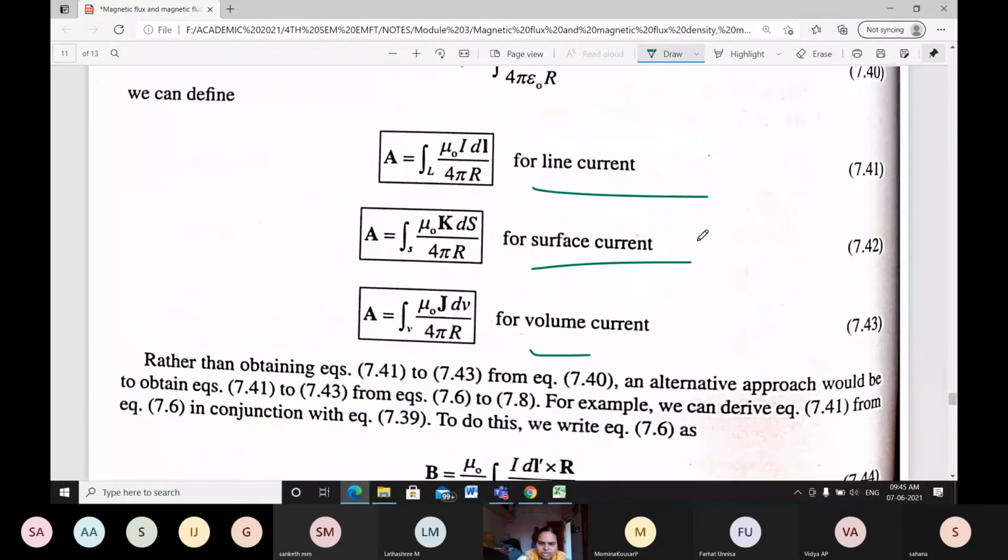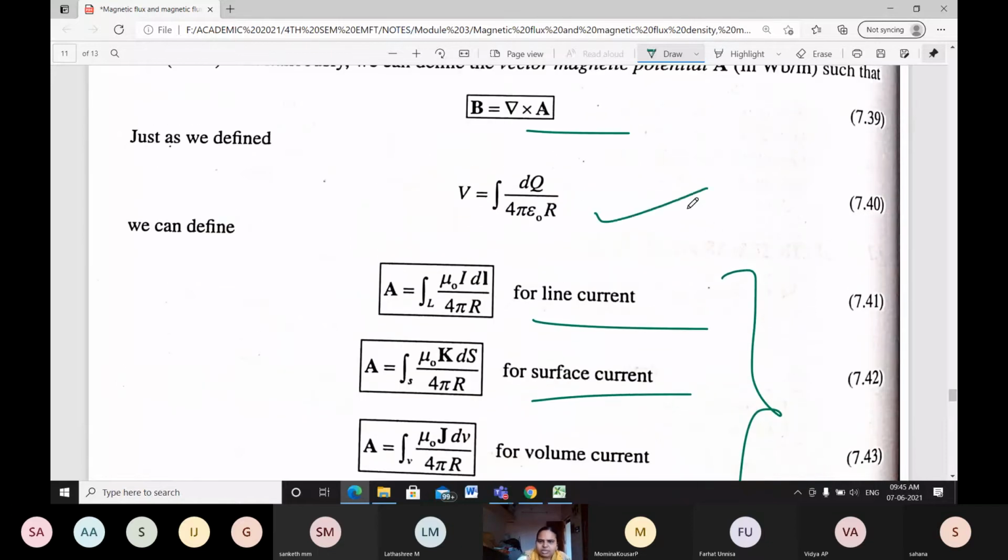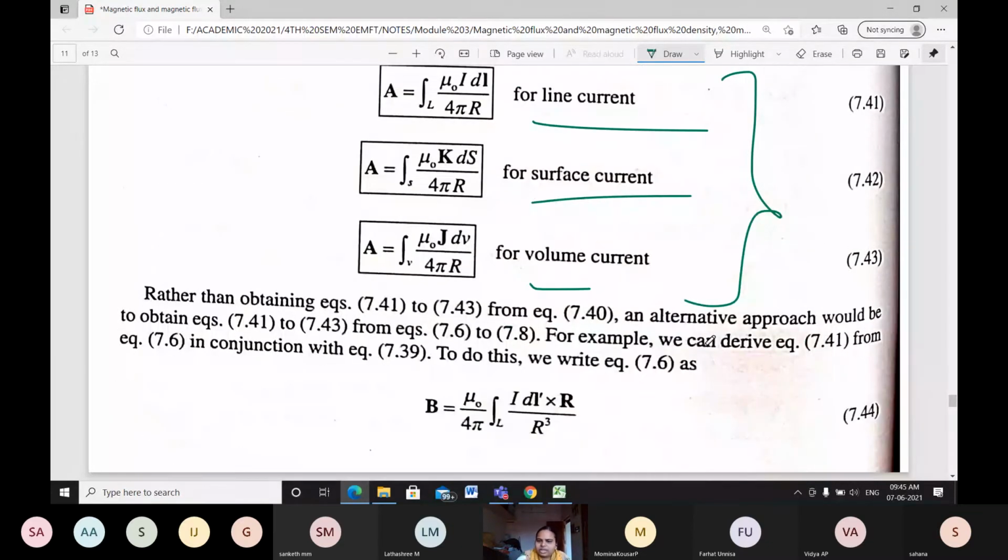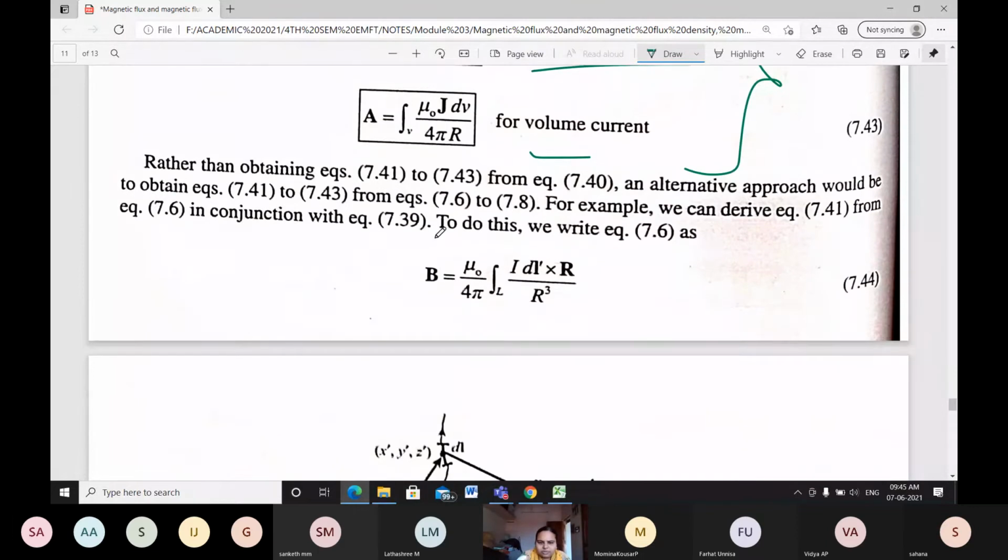The equations are taken from 4.1 to 4.3. They are derived from the V equation only. An alternate approach is that you can write it in these terms. Then about our B equation, that is our flux density, it is equal to mu naught divided by 4 pi, the line integral of I dl dash, cross with R, divided by R cube.